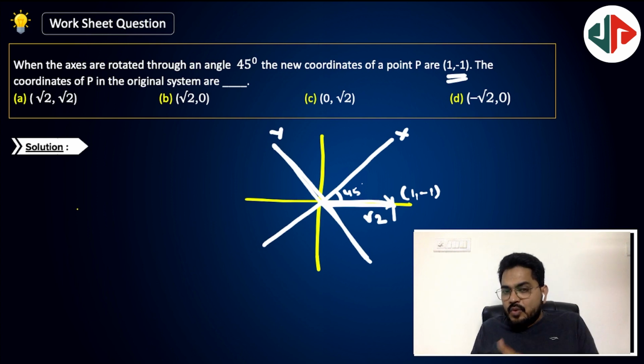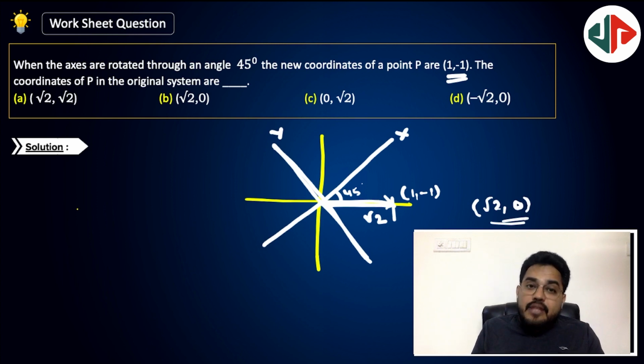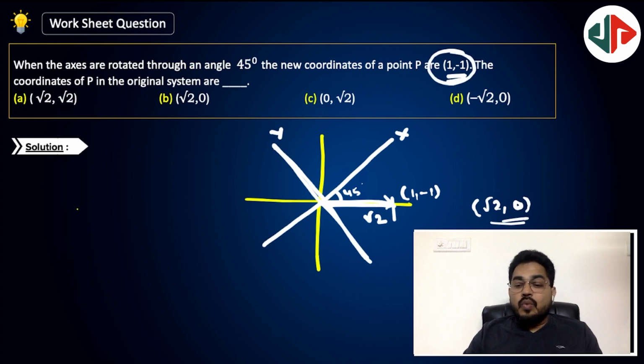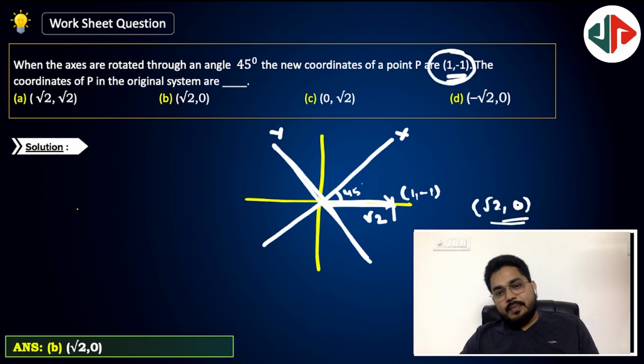If you look at the original, the yellow lined one, the original point will be root 2 comma 0. The original coordinate is root 2 comma 0. If you rotate through 45 degrees, you are going to get the answer as 1 comma minus 1.